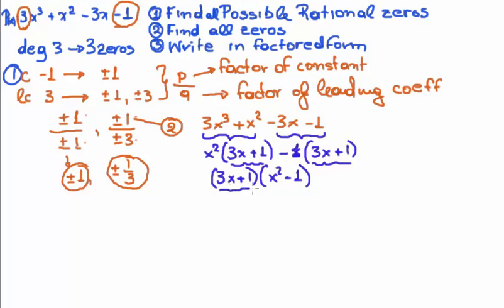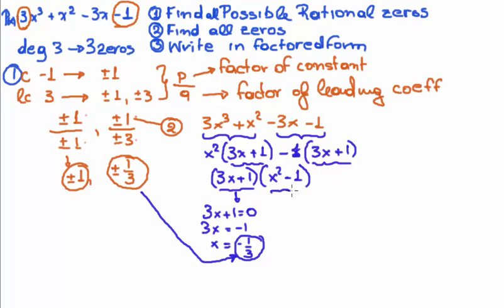First of all, this is a linear factor. So if I solve 3x plus 1 equals 0, this will give me that 3x is equal to -1, so x is going to be -1/3. And as you can see, this is one of the possible zeros of my polynomial.